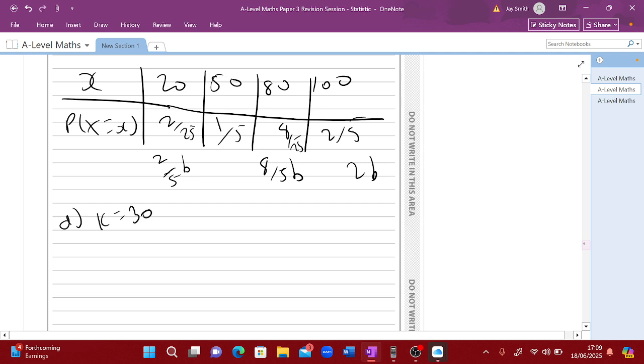K is 30 when probability of S given X is 100 equals 0.3.